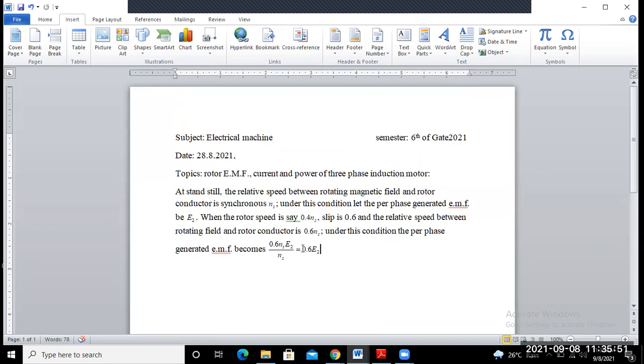In general, the rotor EMF induced at any slip S is S into E2, is it not?